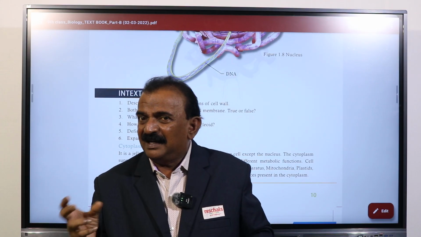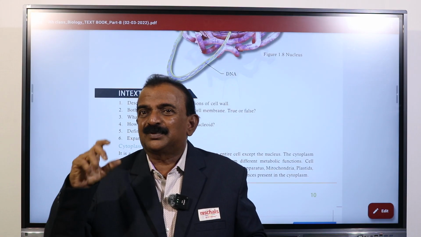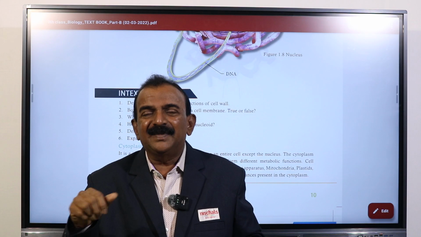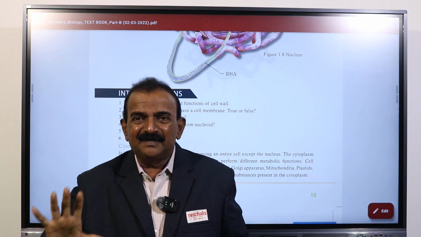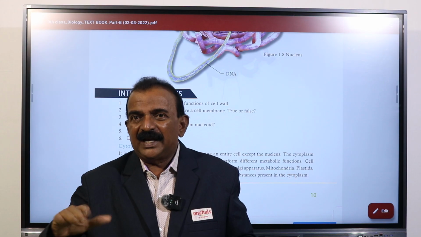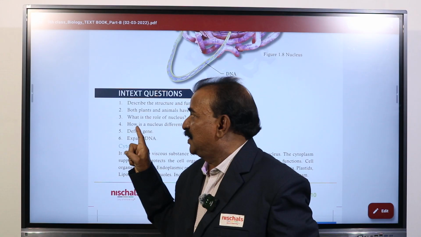In case of bacteria, it is enclosed in a capsule, and the layer outside is the cell wall. It is made up of polysaccharides, also protein. But in case of plant cell, it is made up of cellulose and it is permeable. So that answer you need to write for the first question.